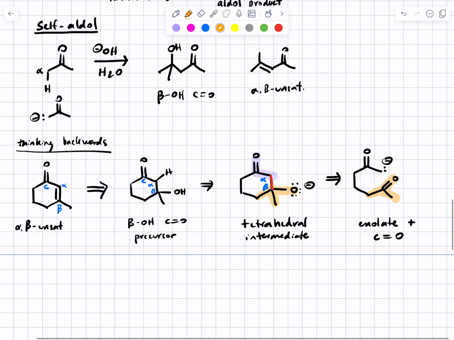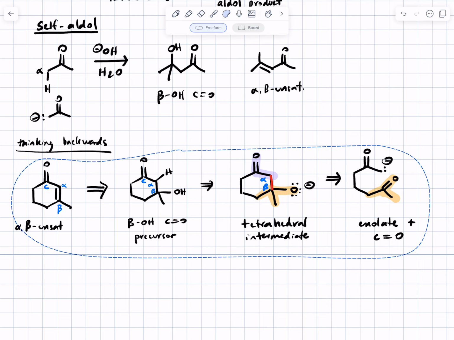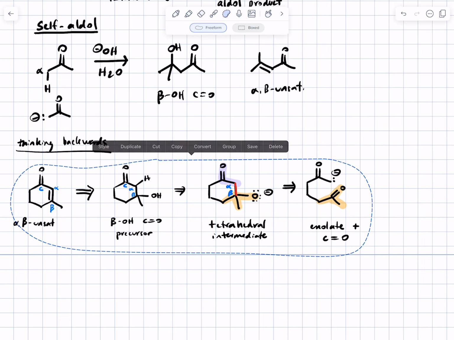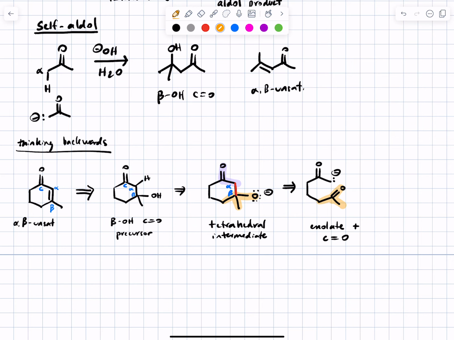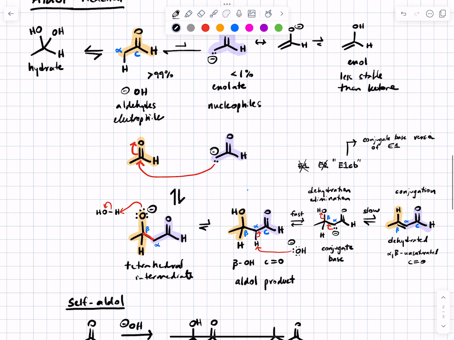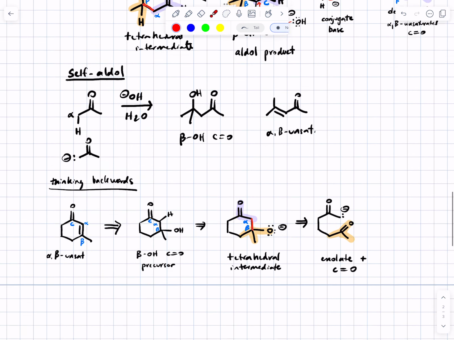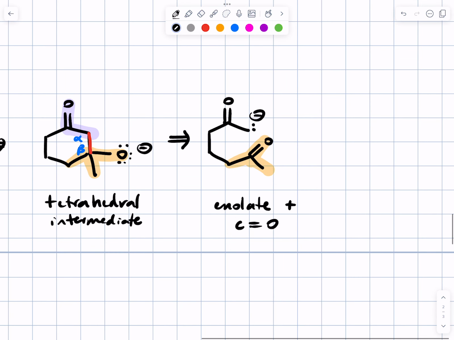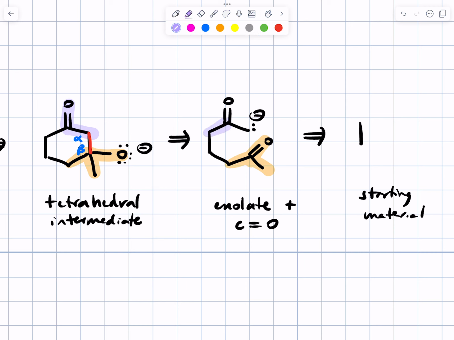And then thinking backwards one more step, up above, the precursor to the enolate was simply our ketone starting material. So to get to the starting material, I simply am going to put the proton back on the alpha carbon.